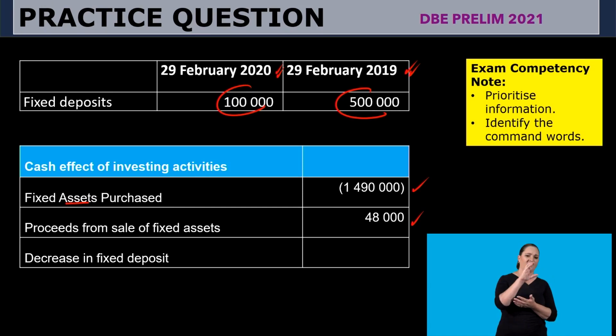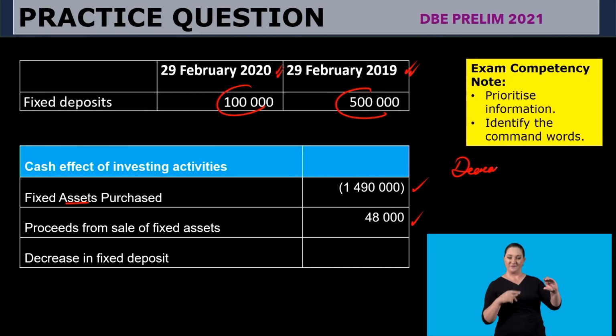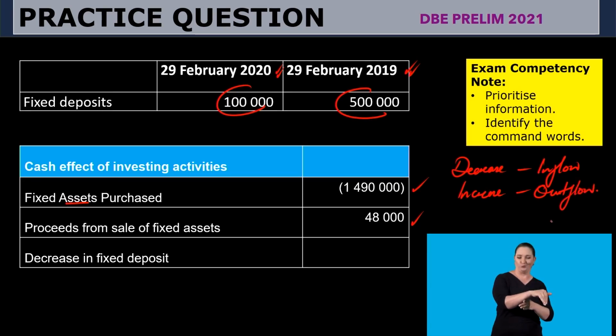It means whatever that was invested has now been transferred into the business bank account that makes it a cash inflow. So a decrease in investment is a cash inflow. Yet an increase in investment would therefore be a cash outflow.